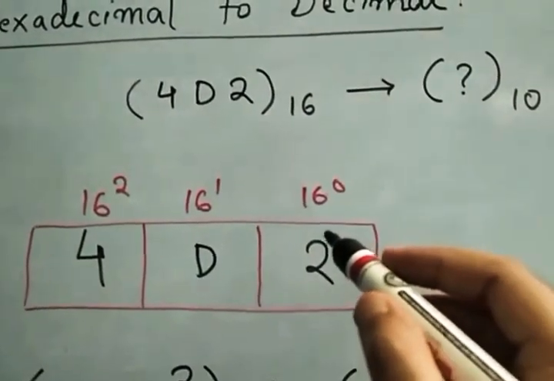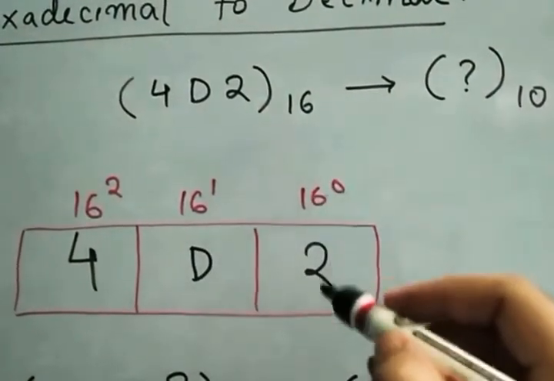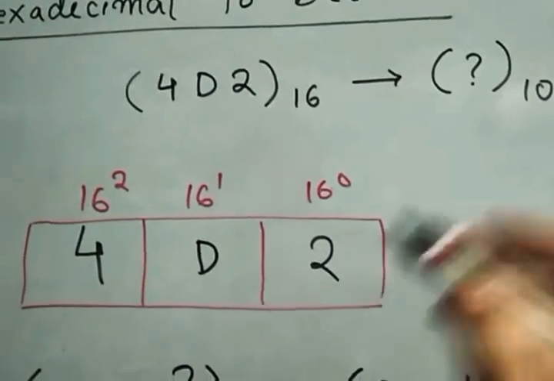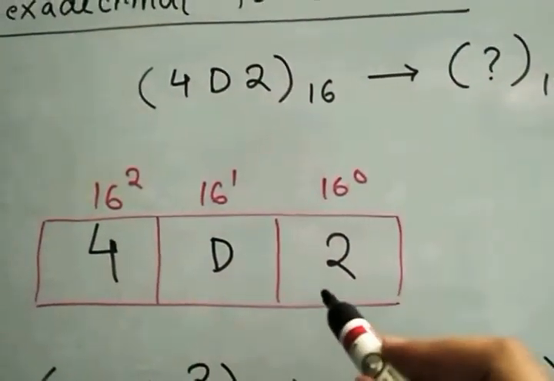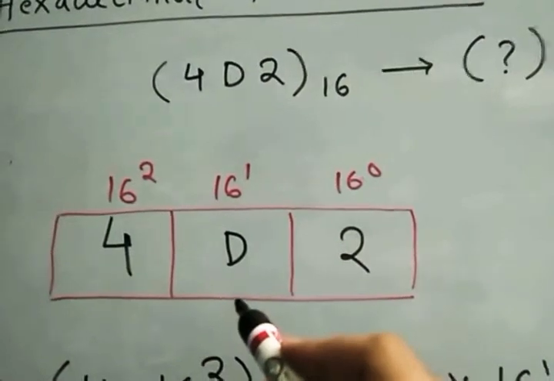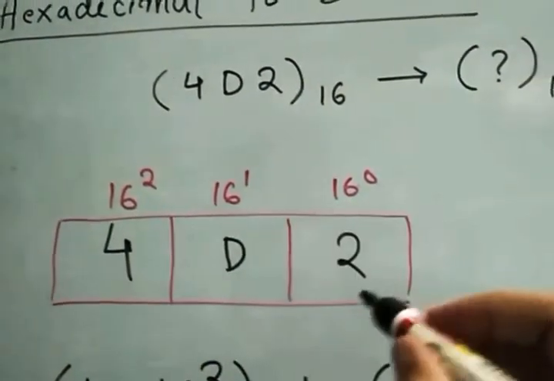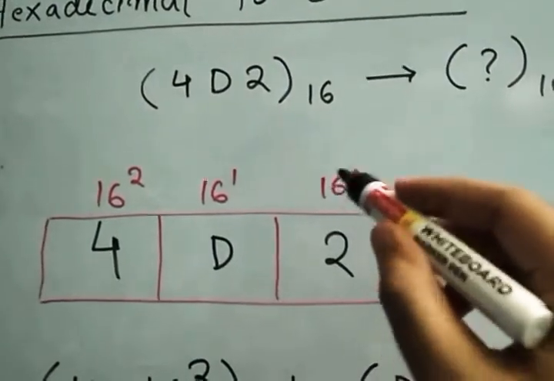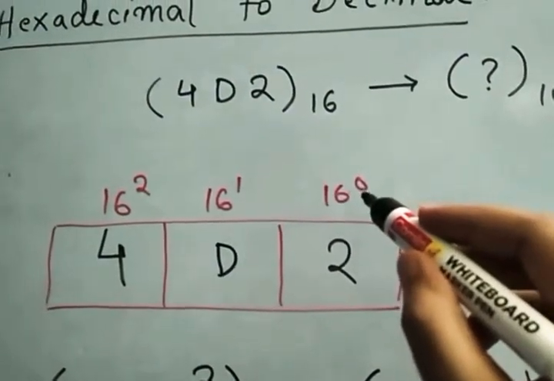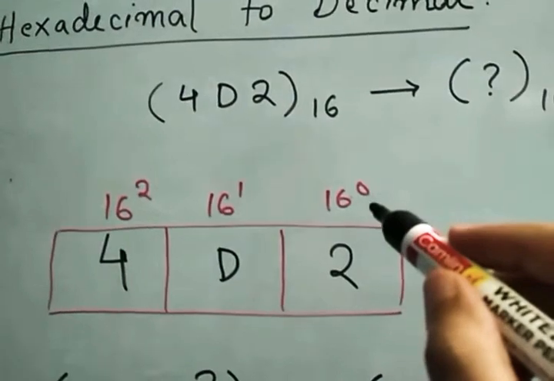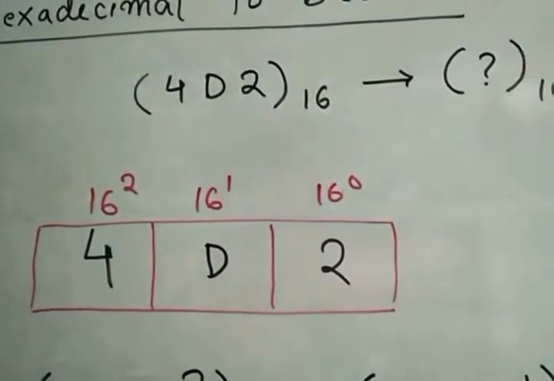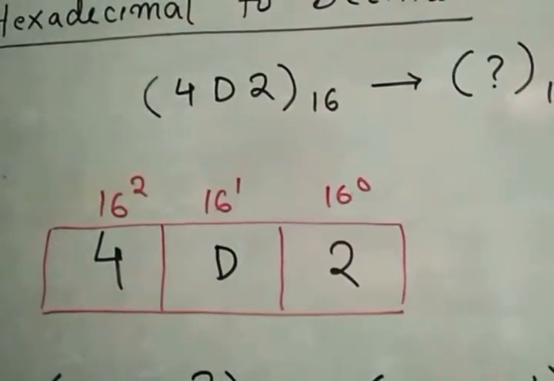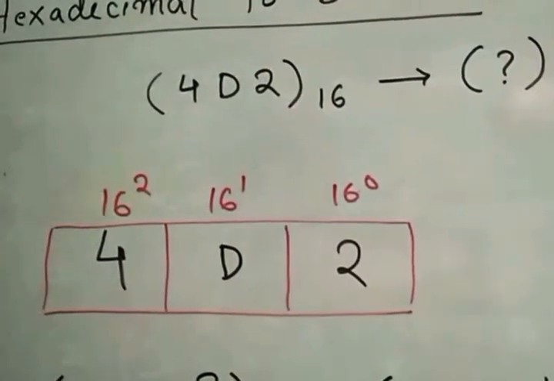Starting from the right side, the weight of this position can be considered as 0, this one 1, this one 2. So the weight of this 0 position will be 16 to the power 0, because this is the hexadecimal number system and the base is 16.